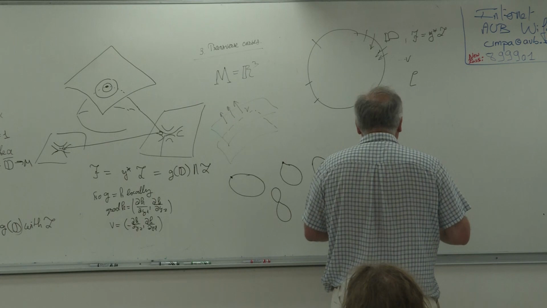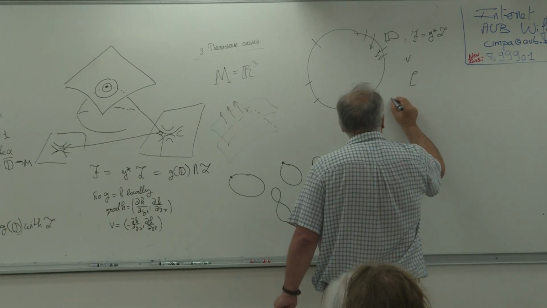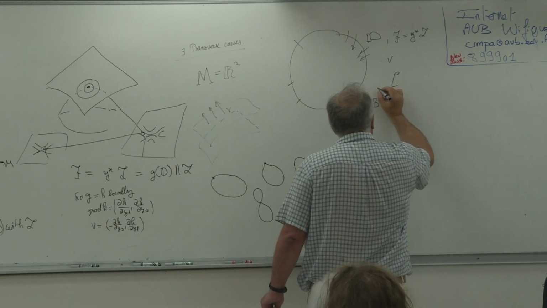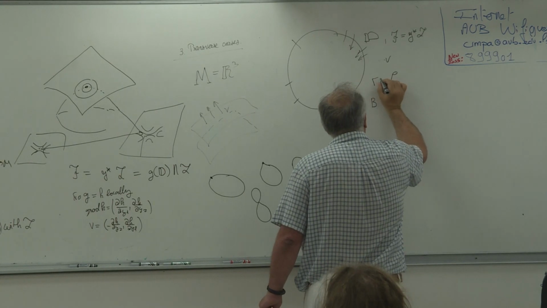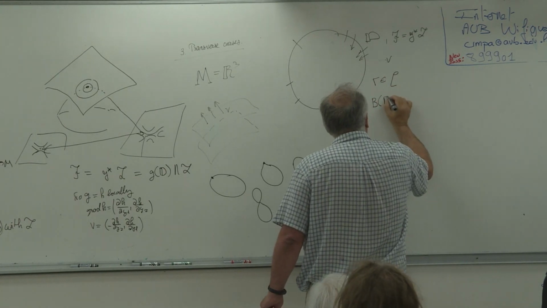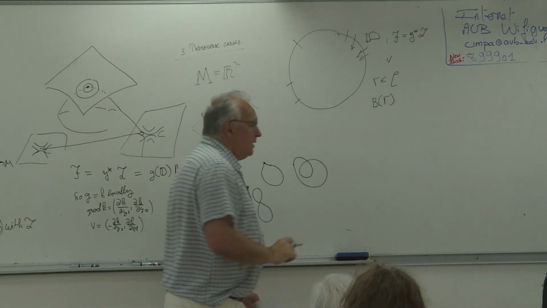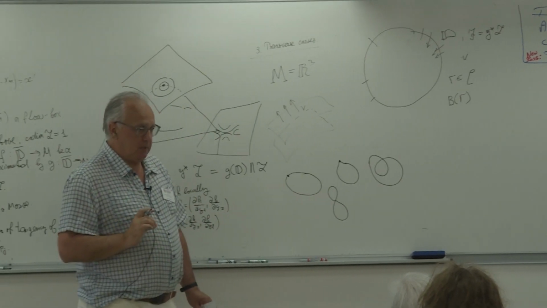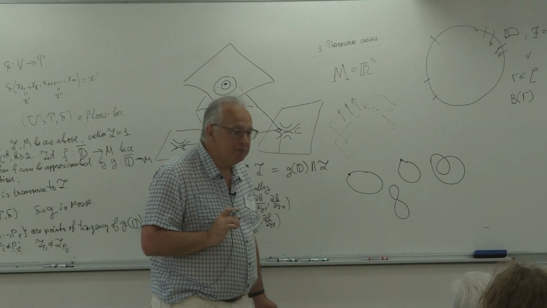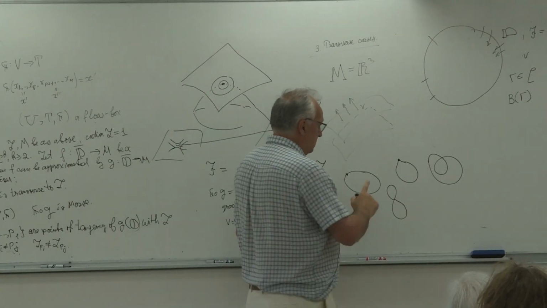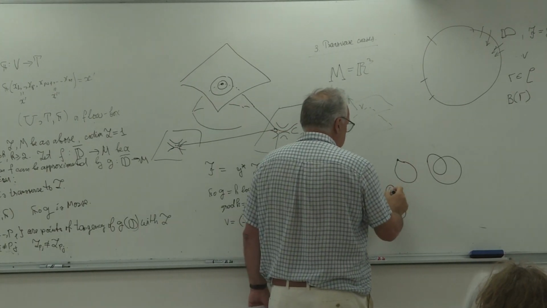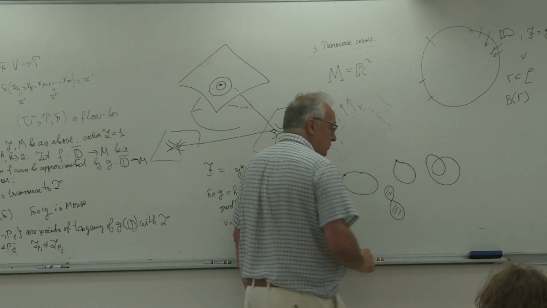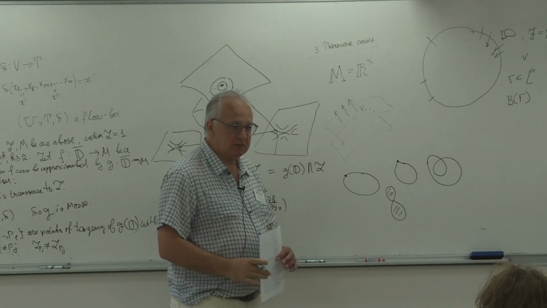And we denote by B. So if gamma is a polycycle, we denote by B gamma the closure of the open set which is bounded by gamma. It might be not connected. Look. Here gamma bounds two distinct open sets, which do not intersect.